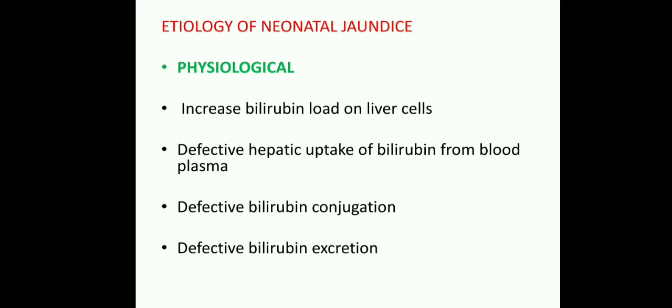So unconjugated bilirubin is not conjugated, the enzyme is deficient, so automatically the liver function is impaired and the bilirubin level increases. That is defective bilirubin conjugation and defective bilirubin excretion. That is the cause of physiological jaundice.